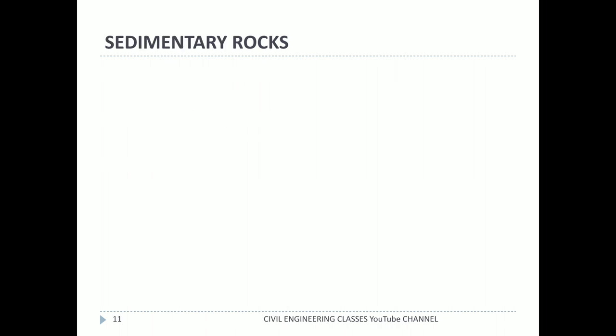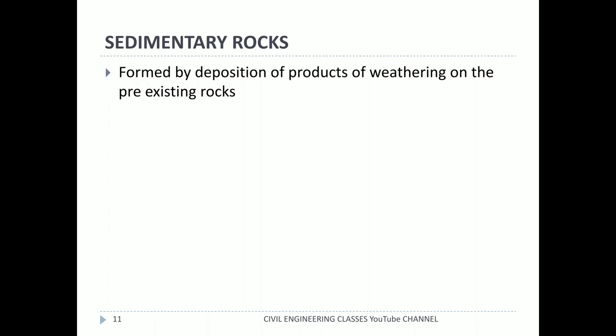Next type of rocks based on their geological classification is sedimentary rocks. These rocks are formed by the deposition of the products of the weathering of some pre-existing rocks. These products of the weathering are taken away by agents like wind, rain, water, etc. to different places, and the deposition at those places causes the formation of sedimentary rocks over time.